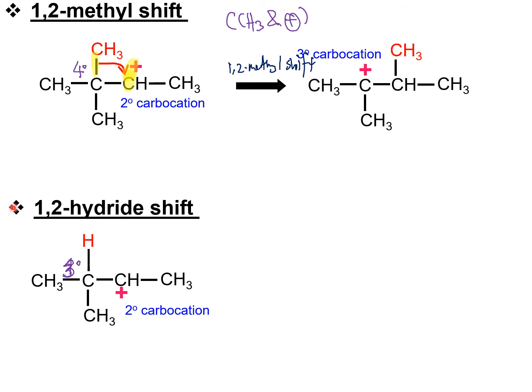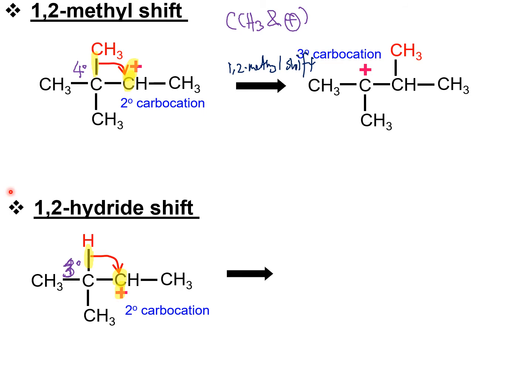So you need to show it by using this arrow. Arrow ni it comes from the bond between this carbon and hydrogen, and this arrow dia akan attack this carbon. Okay, sebab dia nak tukar kedudukan hydrogen dengan this carbocation ion.